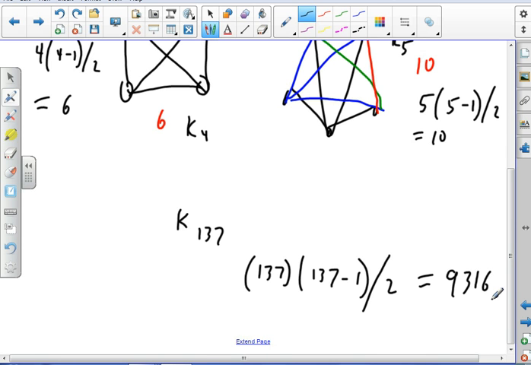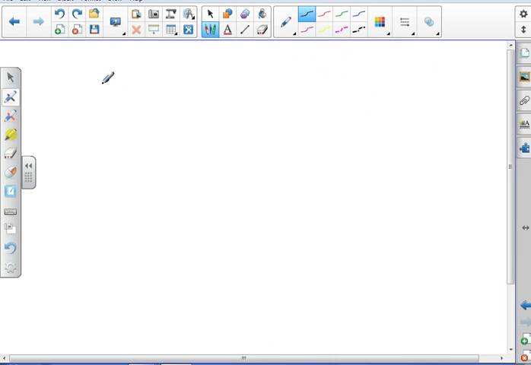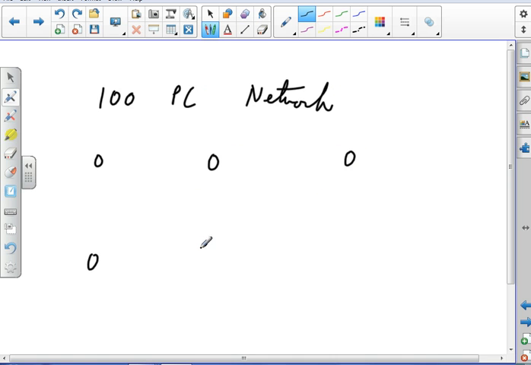Now, let's say that I've got 100 PCs on my network. How are those PCs connected to each other? Each of those PCs is at a vertex, a node, right? Can each of them talk to each other on that network? Yes, they can.